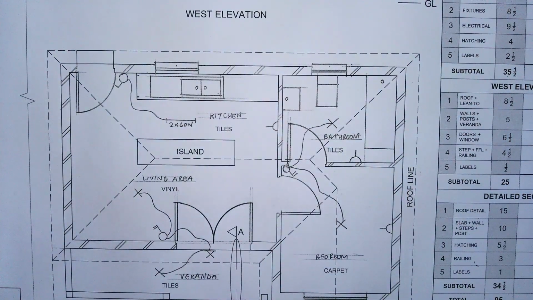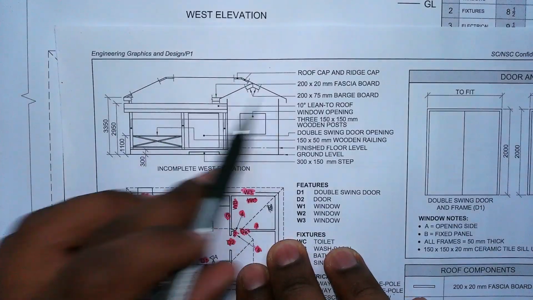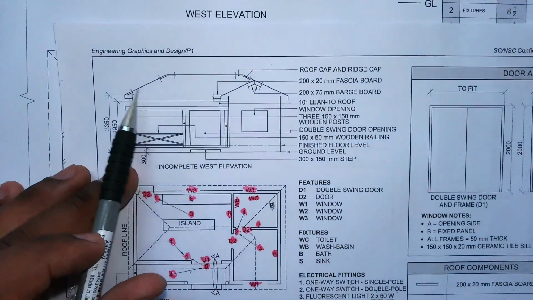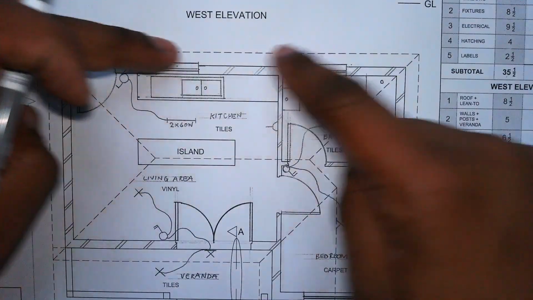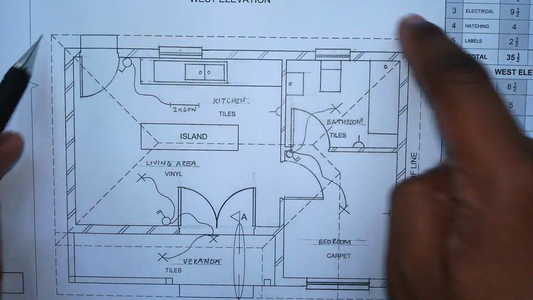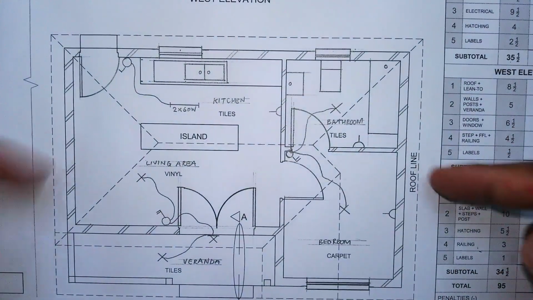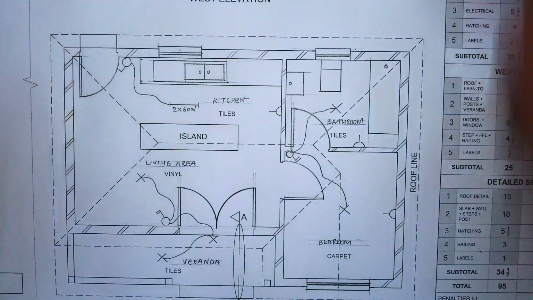All right, so I'll start with the roof of the house. As you can see here, we are given the roof lines, those dashed lines around the floor plan. So I have to project all those points up.